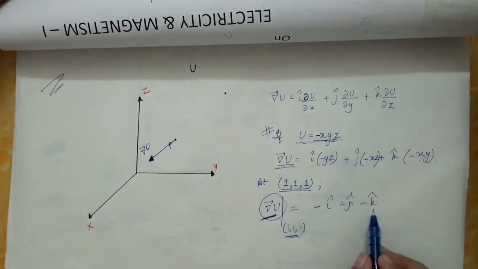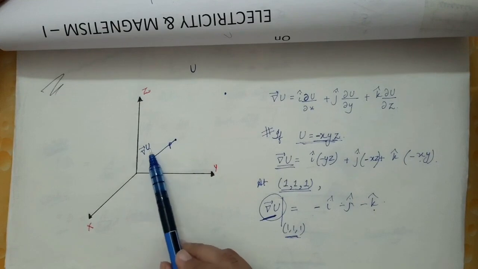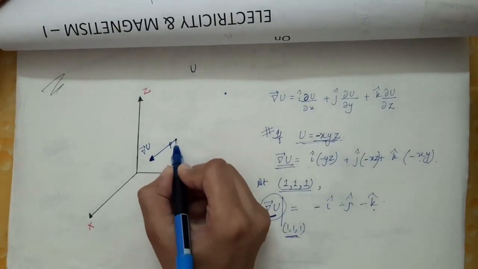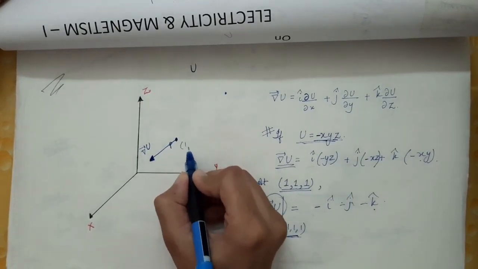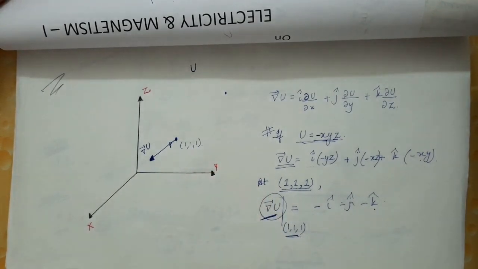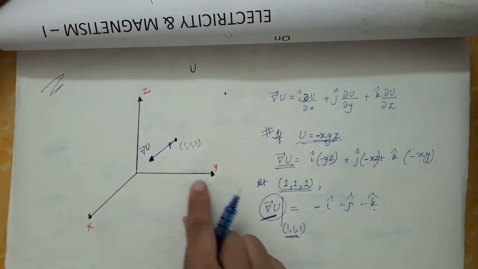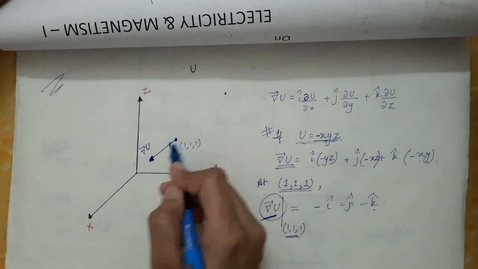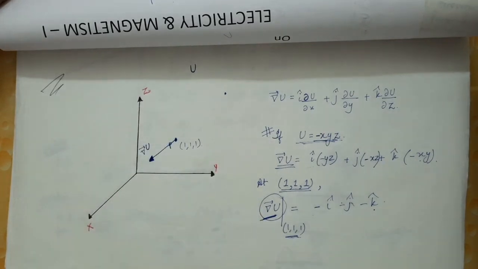It has some magnitude which can be found out, and it has some direction. And the direction of this gradient at point P, where the coordinates are 1, 1, 1, will be along minus x, minus y and minus z direction. So it will point in this direction.